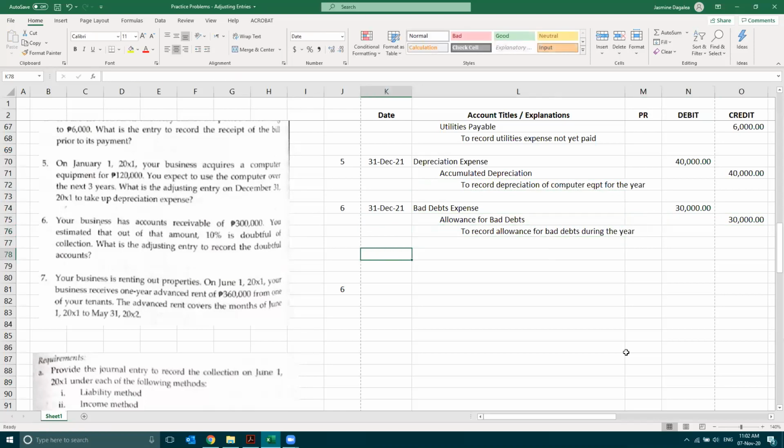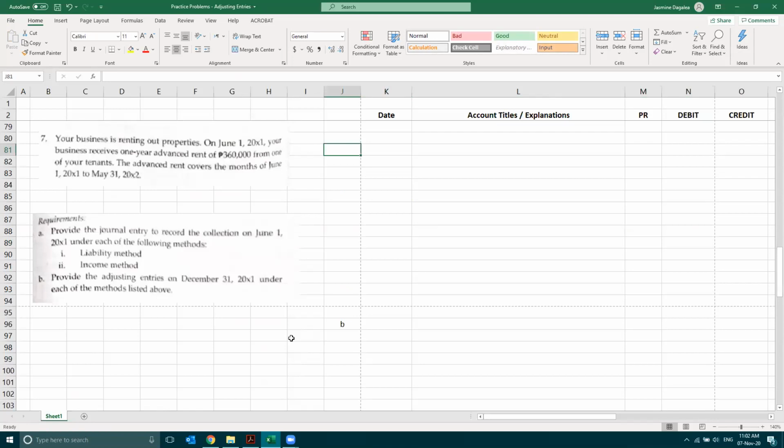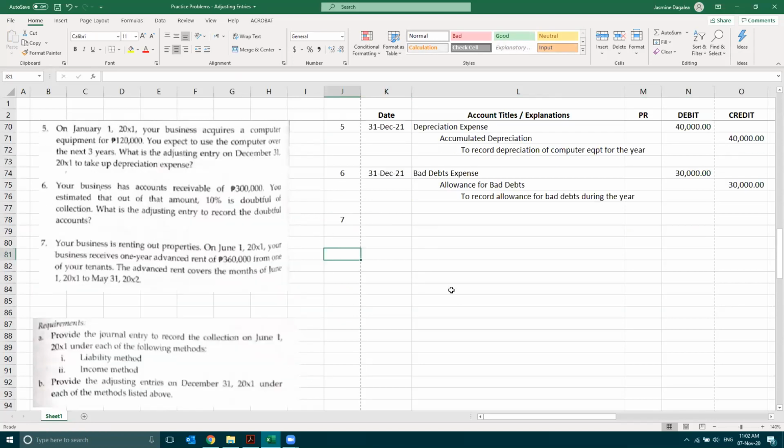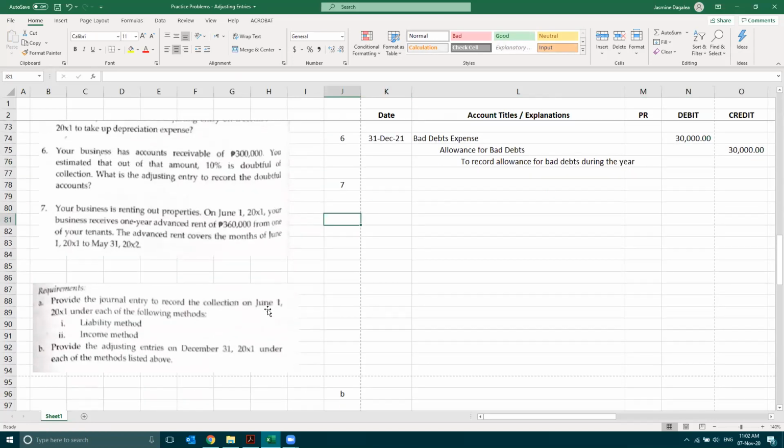Ganun lang. So, number 7, last problem. Yung natira, ano na lang, i-short quiz. So, your business is renting out properties. On June 1, 2021, your business receives 1-year advance rent of 360,000 from one of your tenants.